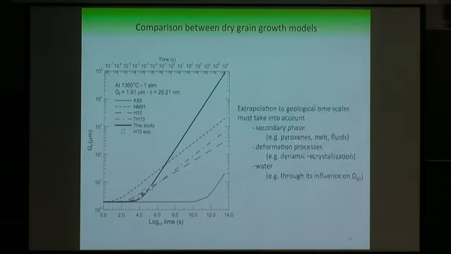Now, I would like to emphasize that extrapolation to geological timescales must take into account secondary phases such as pyroxene, melt, fluids, deformation processes where dynamic recrystallization is known to decrease the grain sizes, and probably also water, which can be easily implemented in this kind of equation when we know the water effect on the grain boundary diffusion coefficient.